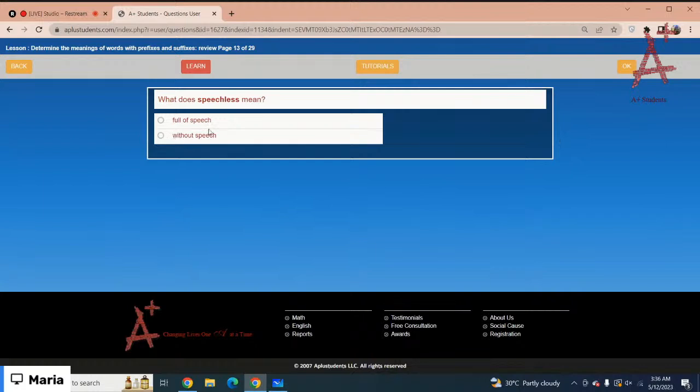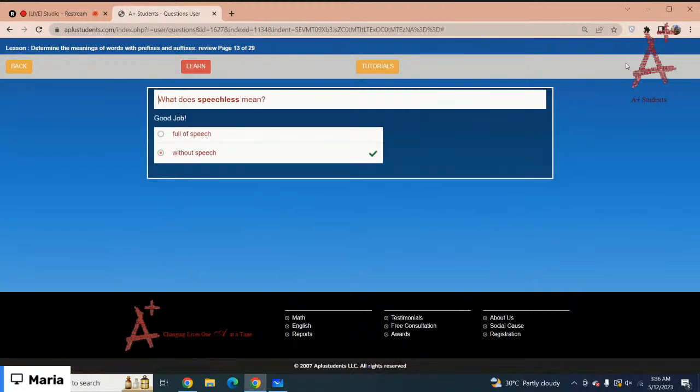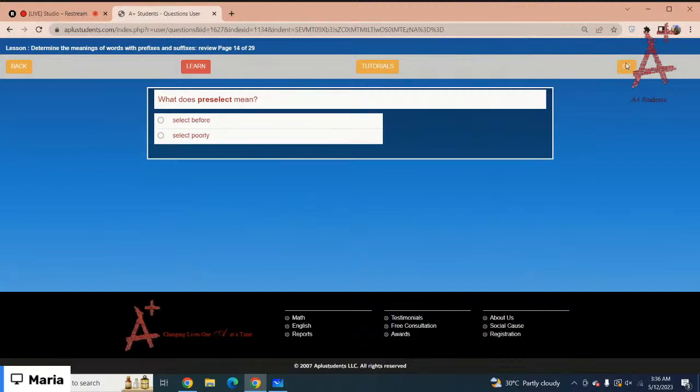Without speech. What does preselect mean? That means select before.